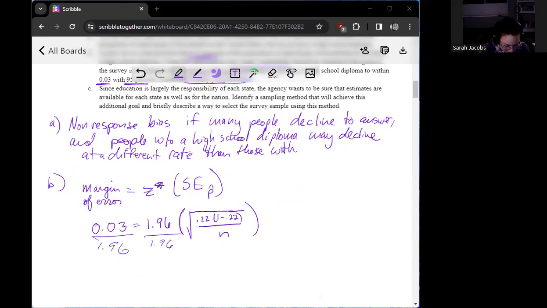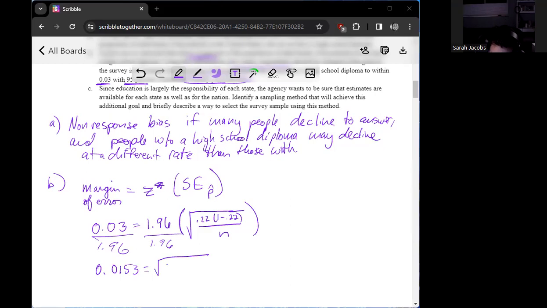And popping that into the calculator, 0.03 divided by 1.96 is about 0.0153. I'm rounding it for my writing. I'm leaving it be in my calculator so that I can continue using that number with all the decimals without rounding.